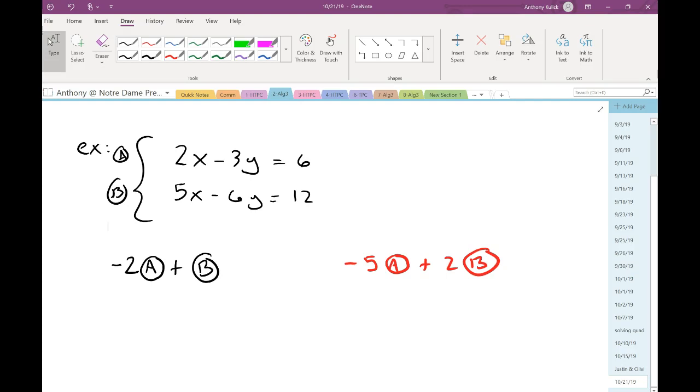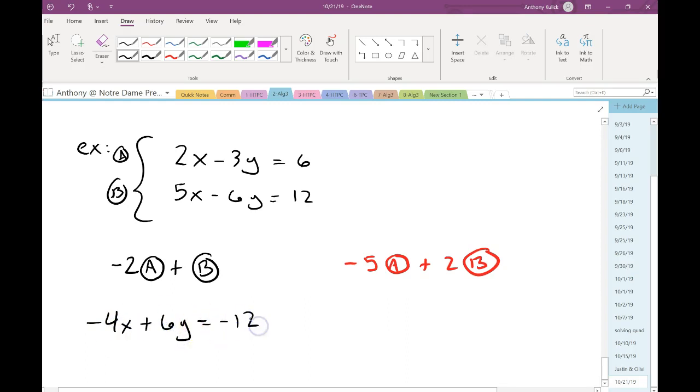All right. So I'm going to write out this. When I multiply equation A by negative 2, I get this. And then I don't have to do anything to equation B, so I'm just going to copy that back down.